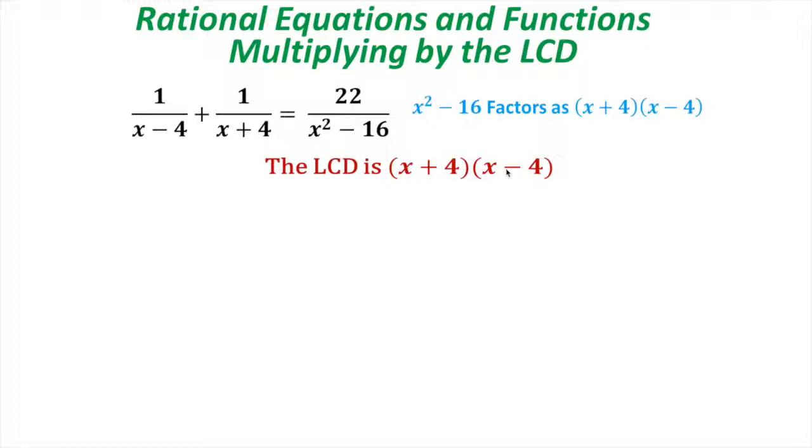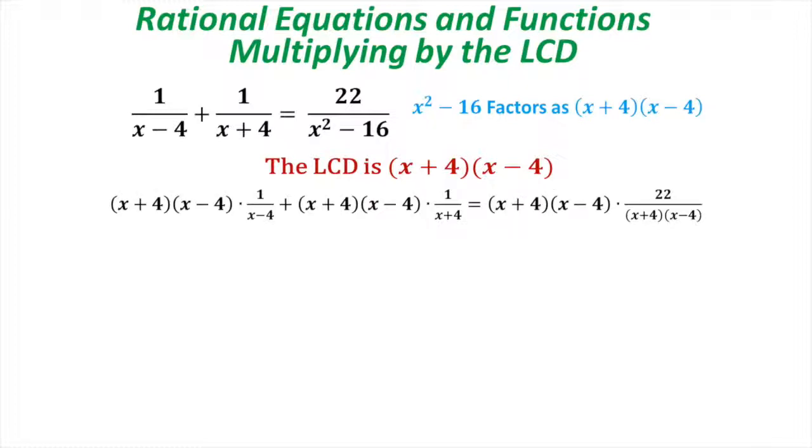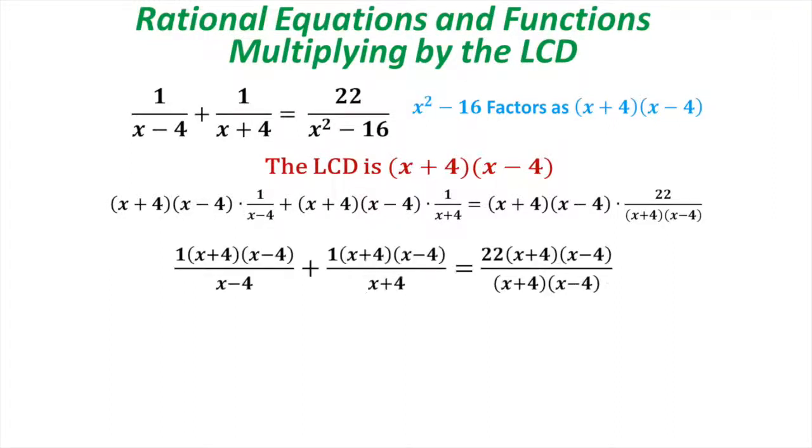So I'm going to use this exact same process, and this sounds very, very complicated, but it's really not. I'm going to multiply each one of these sections here by this x plus 4 times x minus 4. And I'm going to keep it in these parentheses here just because it's going to make it a lot easier when I go to reduce. All right, so I multiply all of that on top here, but basically I'm multiplying each one of these parts by that. Let's bring in this one.